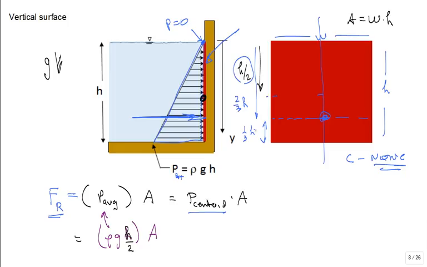Okay. This is always confusing to students. A short way of calculating f of r is to get the pressure evaluated at the centroid of the area. And the area, when it's a rectangle, well, that's pretty easy. The centroid is right in the middle. Okay.